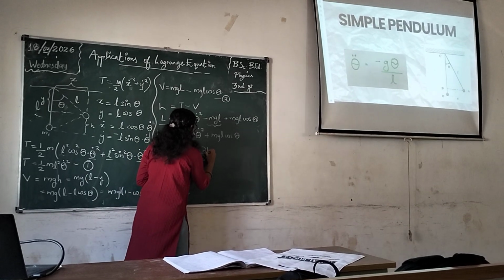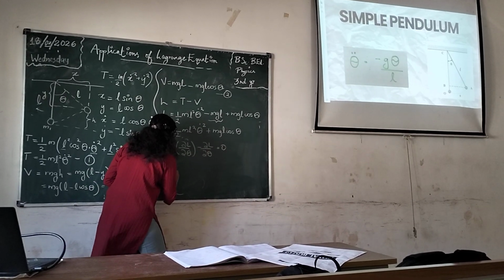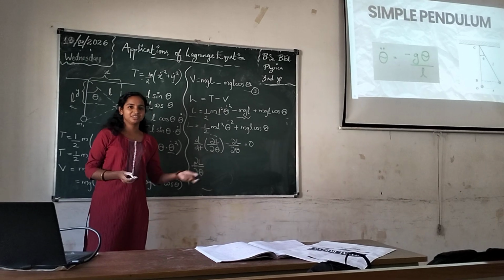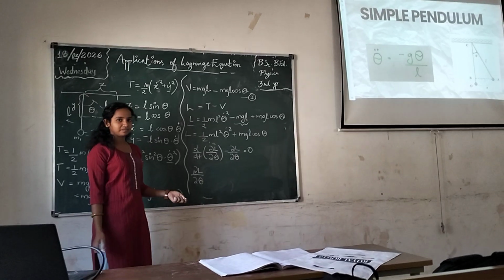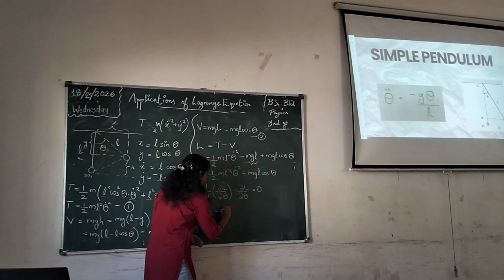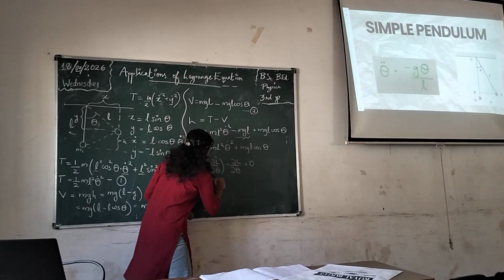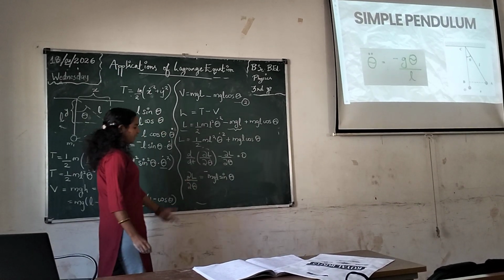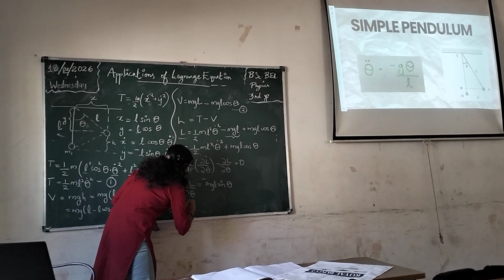So first we find dou L by dou theta. So what is dou L by dou theta? Lakshmi, what is dou L by dou theta? mgL into minus sin theta. So that is our dou L by dou theta. Then we have d by dt of dou L by dou theta dot.